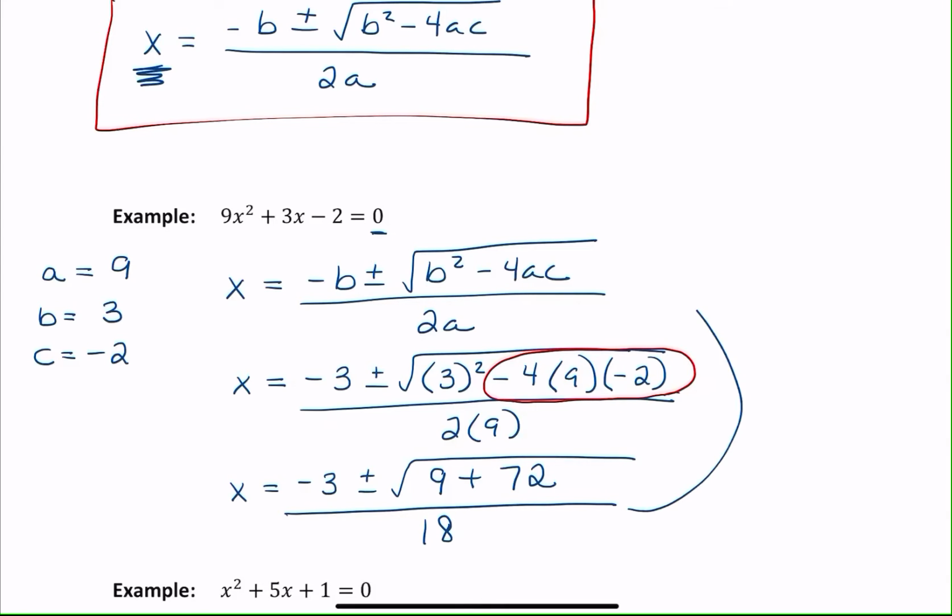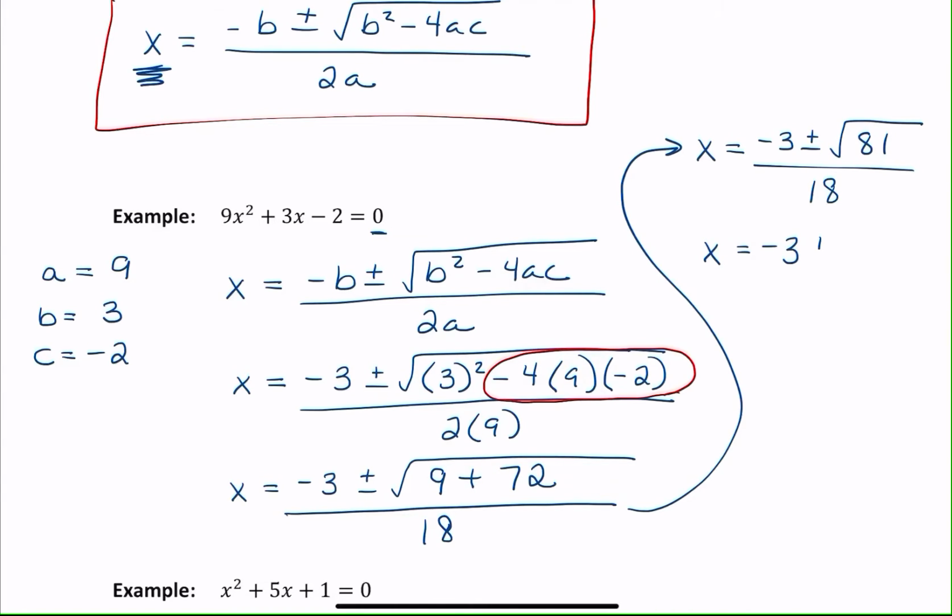I'm going to move this up here because I'm running out of room. I've got x equals negative 3 plus or minus the square root of 9 plus 72 is 81 over 18. And then you're going to simplify. Here, 81 is a perfect square. The square root of 81 is 9 over 18.